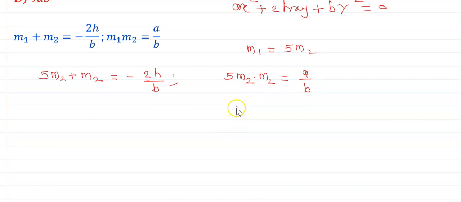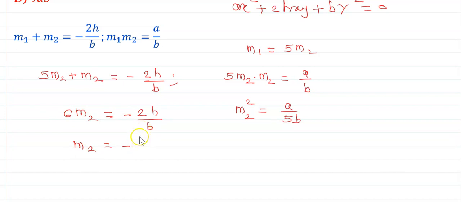So m2 square equals a upon 5b. From the first equation, 6 m2 equals minus 2h upon b. Therefore m2 equals, if we simplify it, minus h upon 3b.